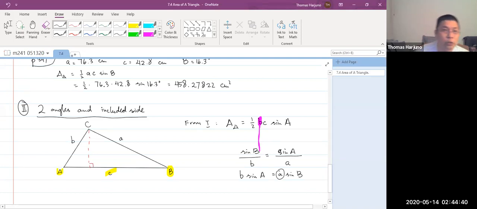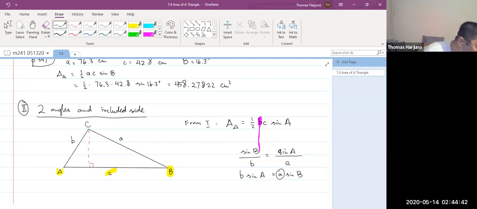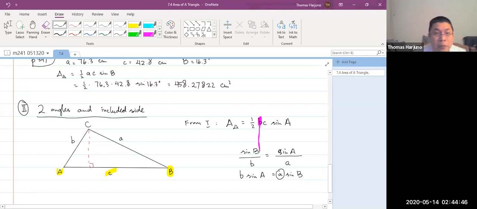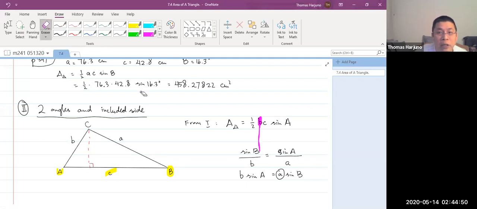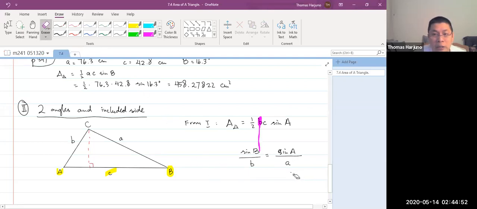Let's change that story. Instead of sine B over B equals sine A over A, I know C, right? So instead of using these, I use side C and angle C. How about that? But Thomas, we don't know angle C. Don't worry.